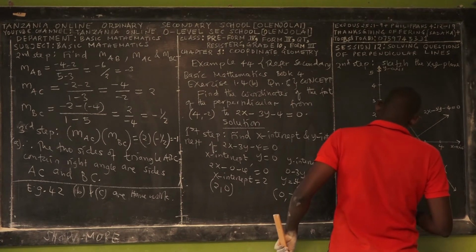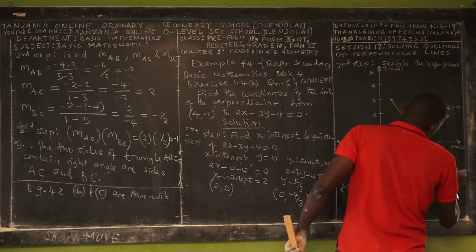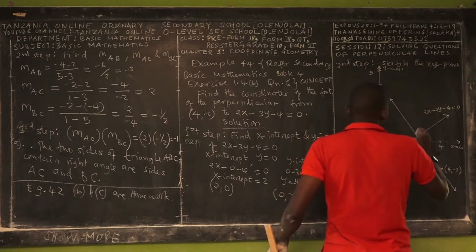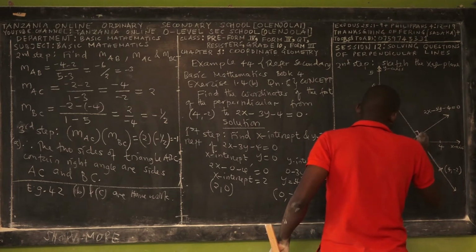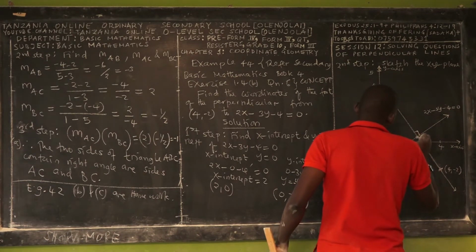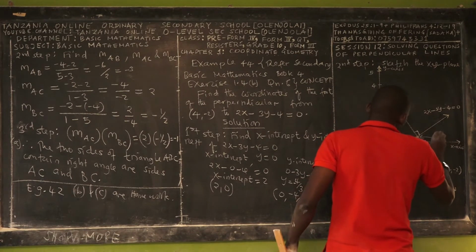This point of intersection of the perpendicular line is what we call the foot of perpendicular.